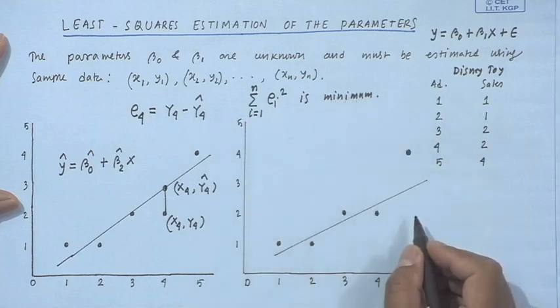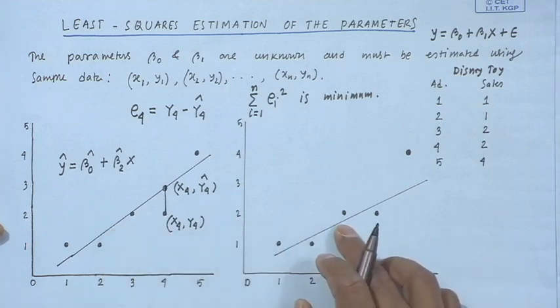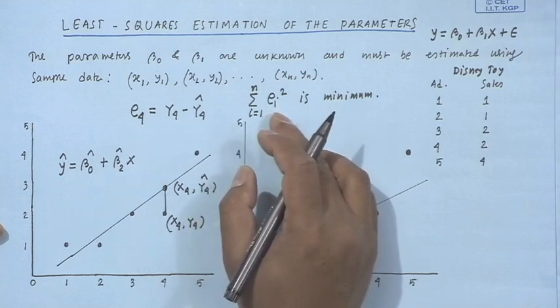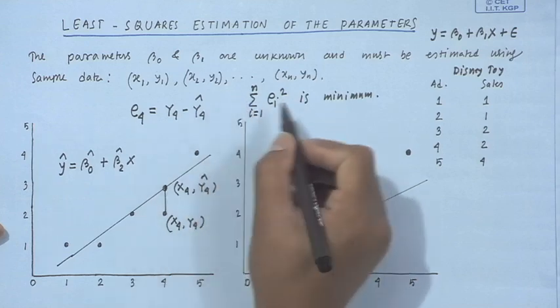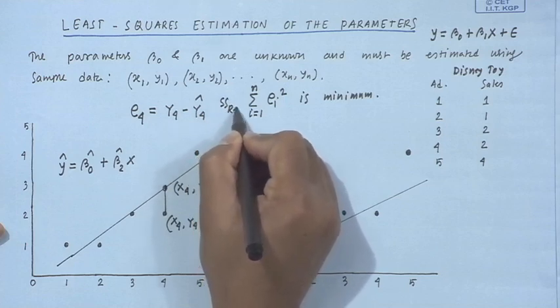So, in order to say which fit is good, whether this is good or this one is good, you compute this e i square, this is called residual sum of square, SS residual.